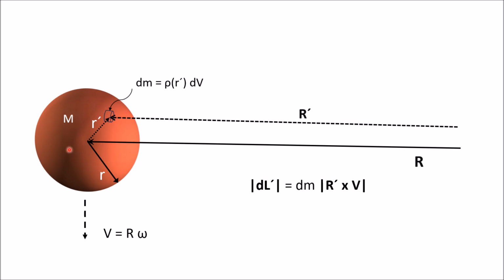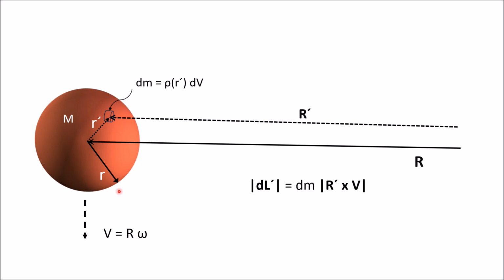However, if we look at this object, in this case I'm looking at it as having a constant density, so that we have an incremental mass element located somewhere off the center of the object at a new distance, and its distance is r prime from the center of rotation. We now have an incremental angular momentum associated with that mass element given by this expression.